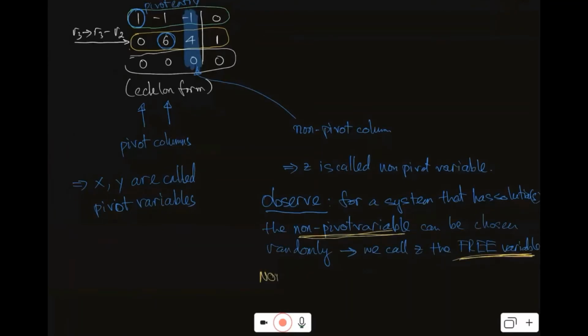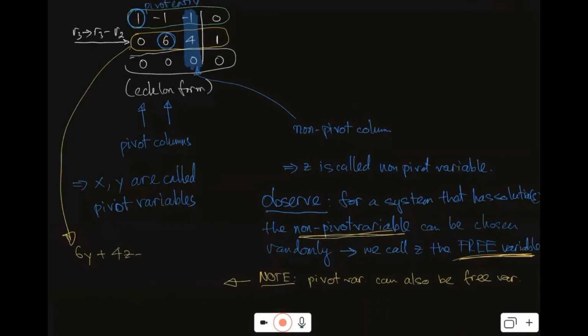Note, pivot variables can also be free variable. Why? That is because if you look at this equation, it means you only need to choose so that 6y plus 4z equals 1.